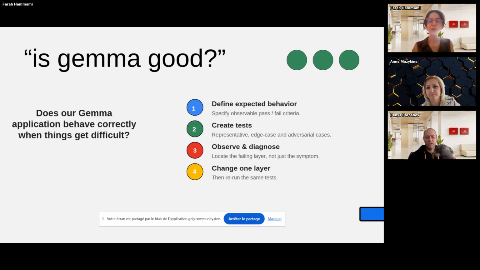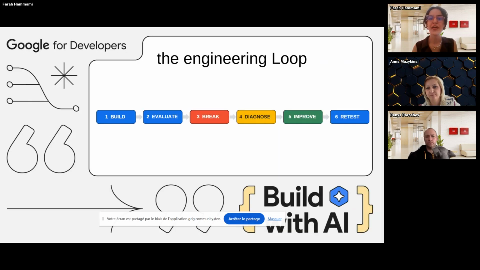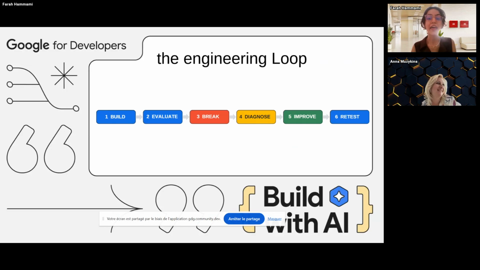So here we have to think of an engineering loop, where we build and evaluate and then break the system at least once, I believe. The system should be broken at least once. And you have to diagnose it and improve whatever results we have. Then we retest, and after retesting we go back to the evaluation. And this is why it's important in AI to have this engineering loop. It's pretty much important.